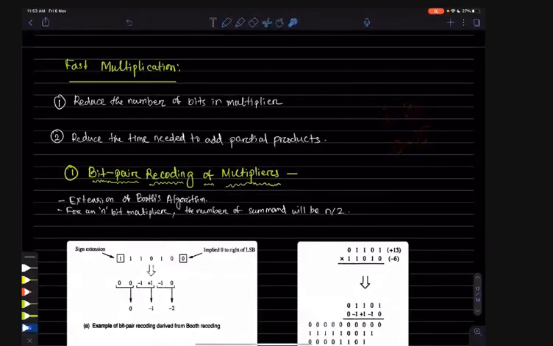So in this chapter these two things are left: division, and floating point representation plus floating point operation. If you have any doubt you can unmute and ask.